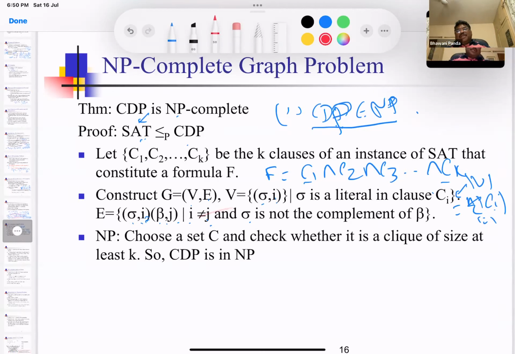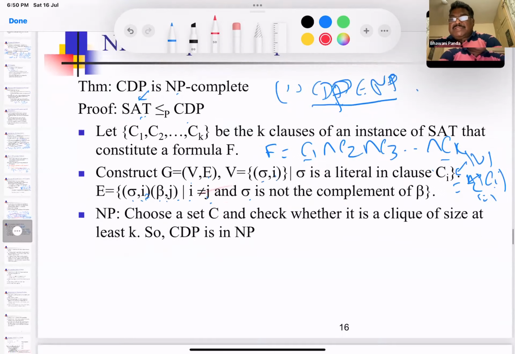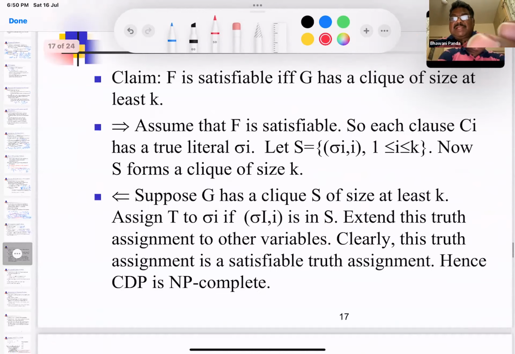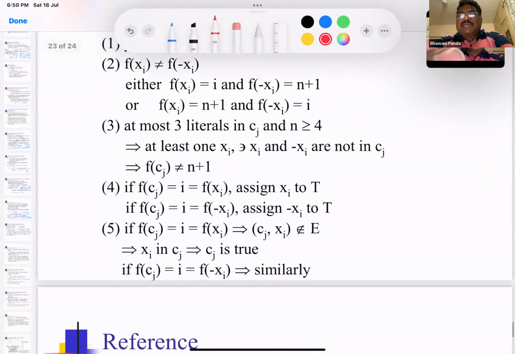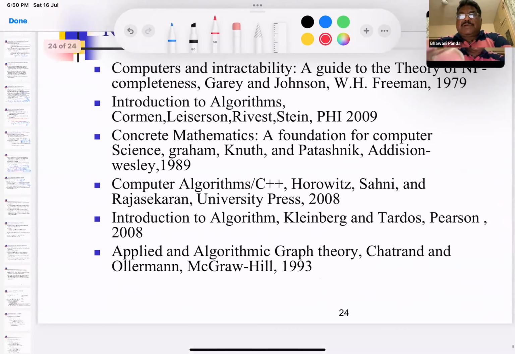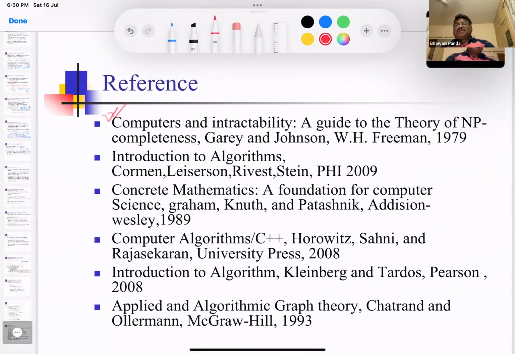Yeah. The slides will contain something, and other similar problems are there. But this is basically the Bible of NP completeness: Computers and Intractability, a Guide to the Theory of NP-Completeness. Garey and Johnson wrote the book in 1979, and Johnson maintains a website of NP complete problems.